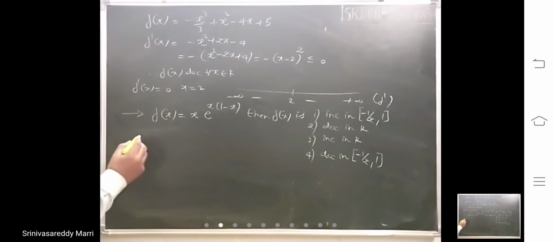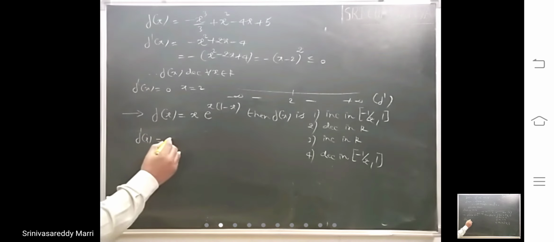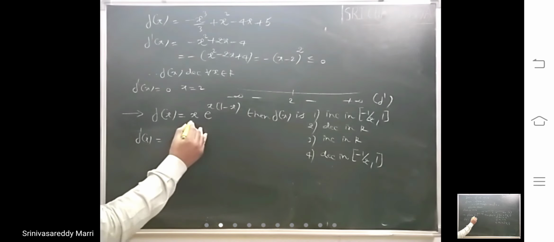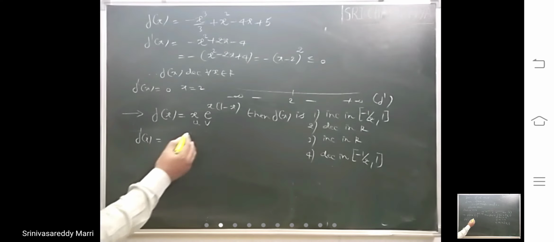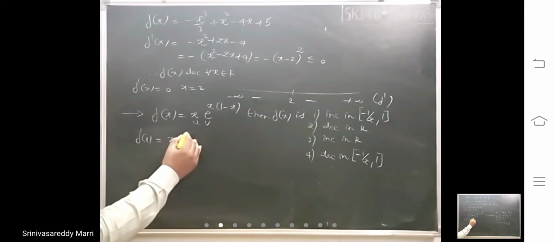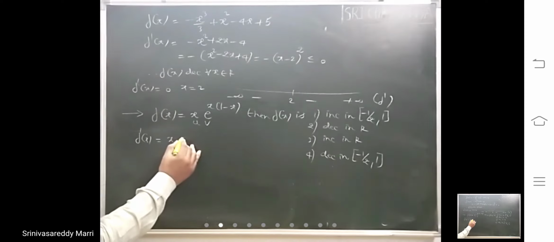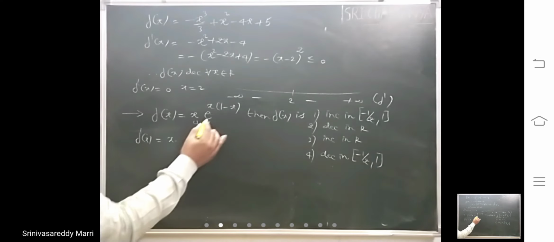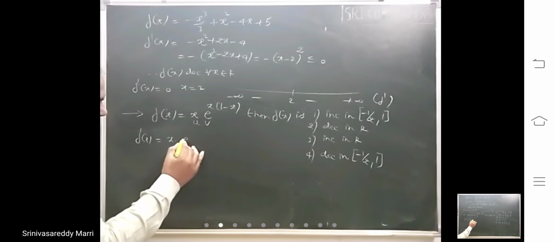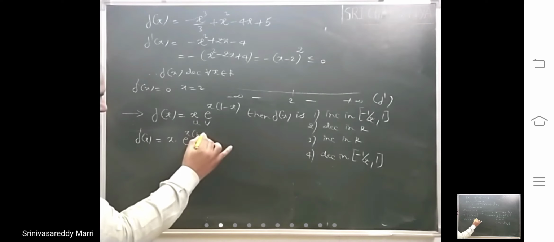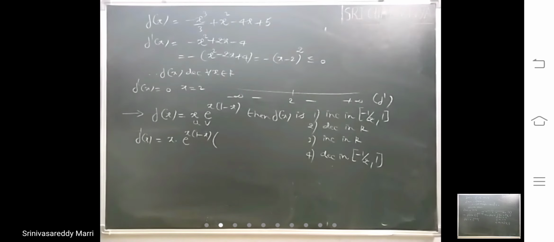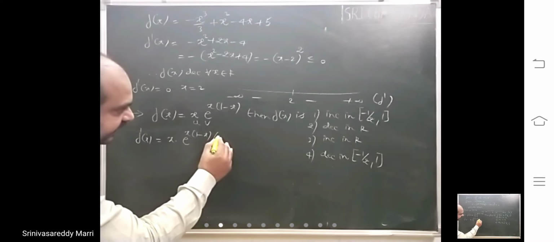So now the derivative. Using uv, d by dx of that x into d by dx of e power, take this capital X, e power x is derivative e power x into the derivative of this, x minus x square.